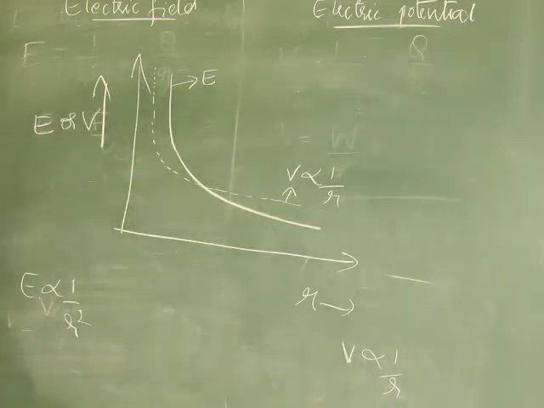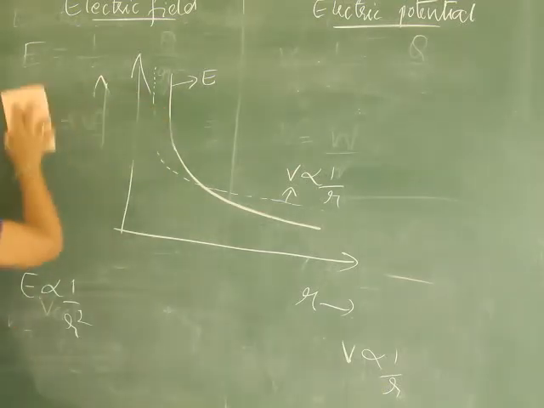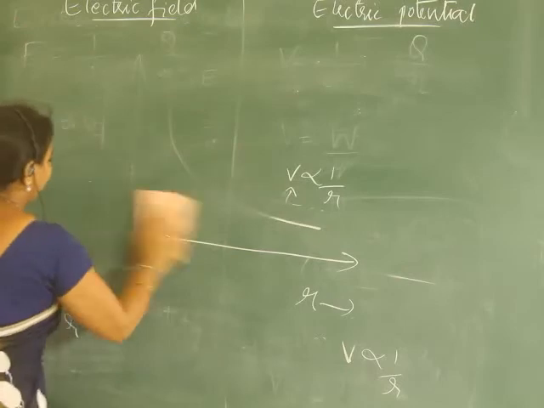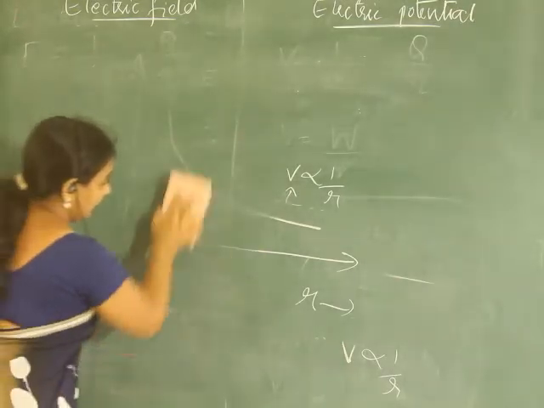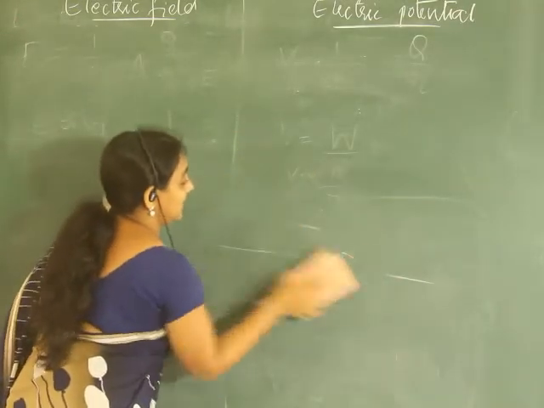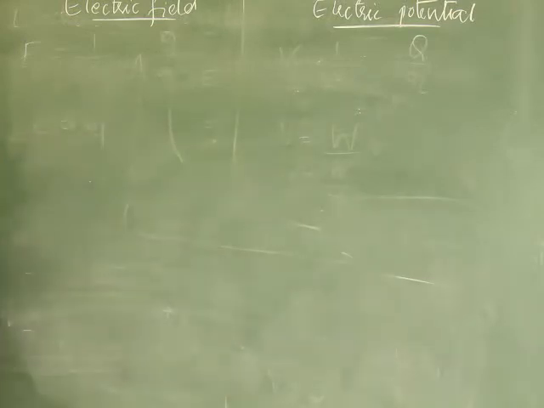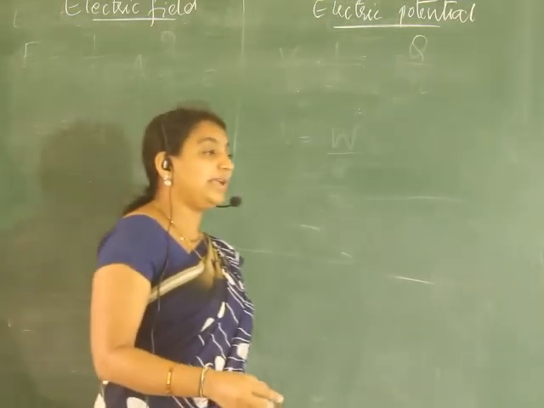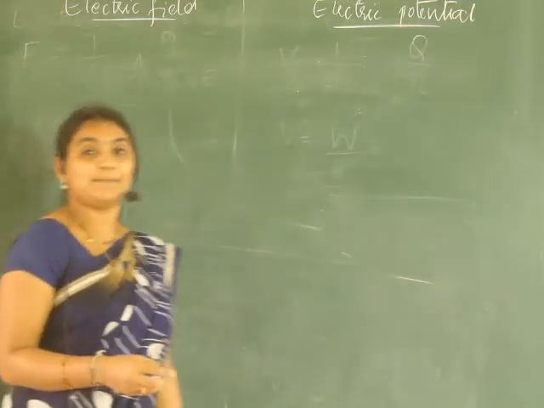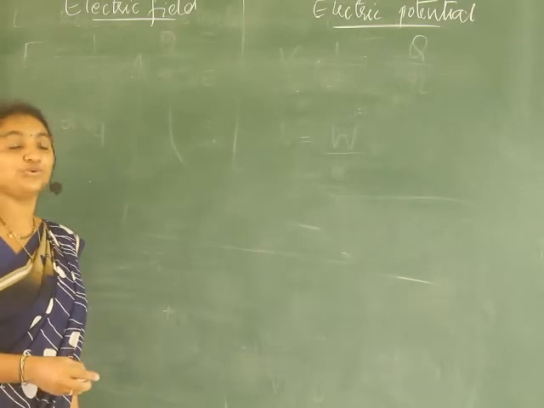Next, what I want to speak about is the electric dipole. You have come across the concept called electric dipole in your previous class, correct? Electric dipole is nothing but a pair of equal and opposite charges separated by the distance 2a.